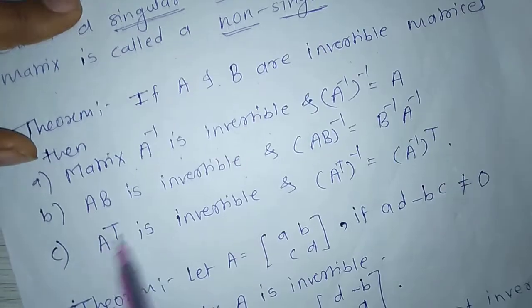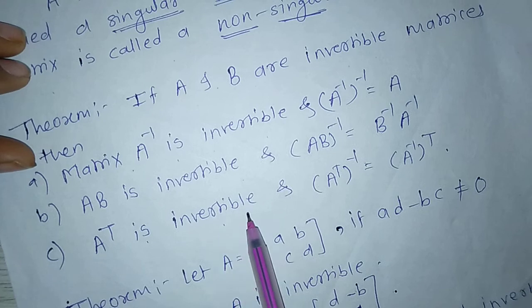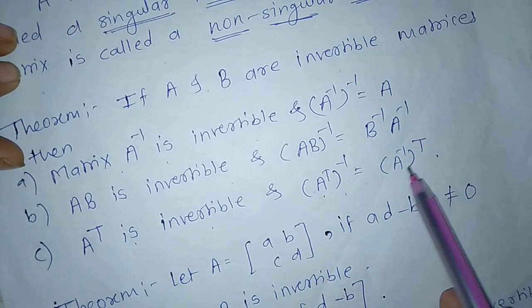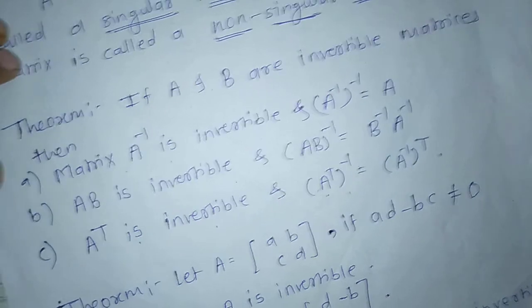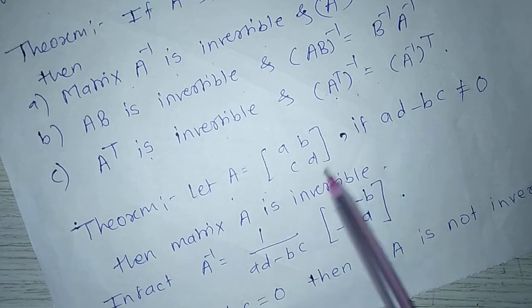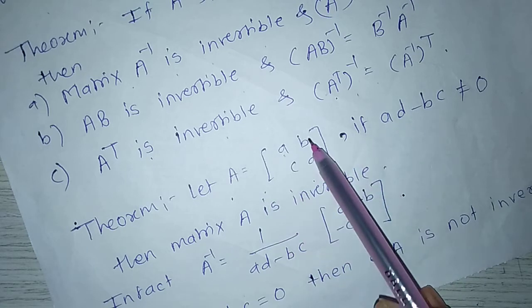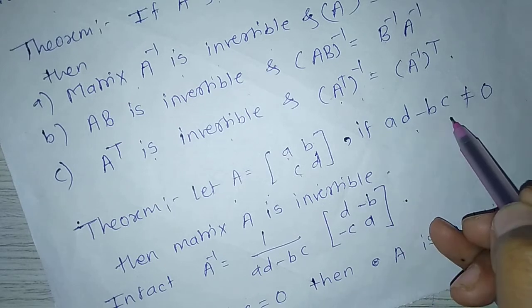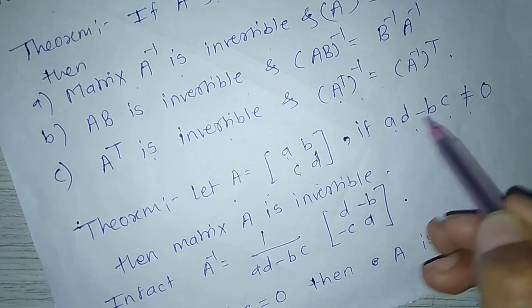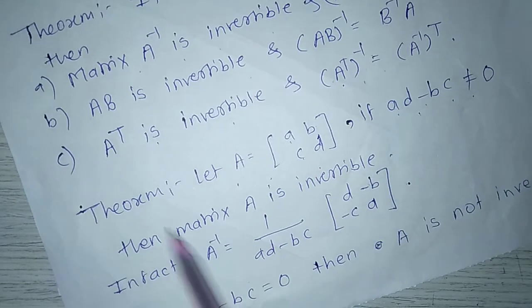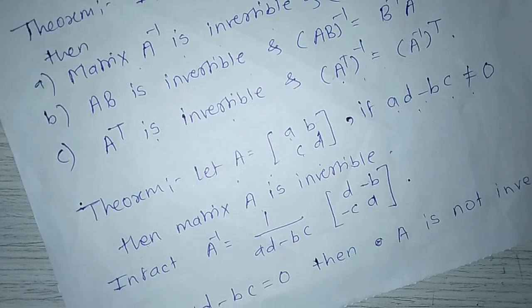Next, A transpose is invertible and inverse of A transpose equal to transpose of A inverse. Next theorem: let A equal to 2 by 2 matrix with entries a, b, c, d. If ad minus bc is not equal to 0, ad minus bc means determinant of A is not equal to 0, then matrix A is invertible.